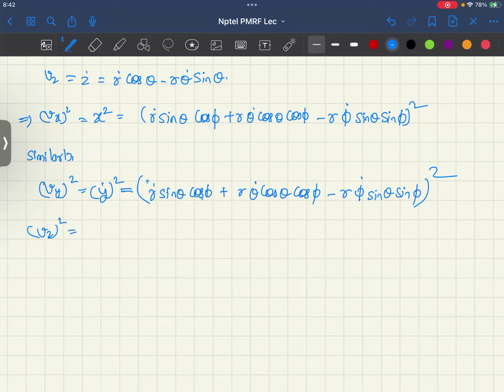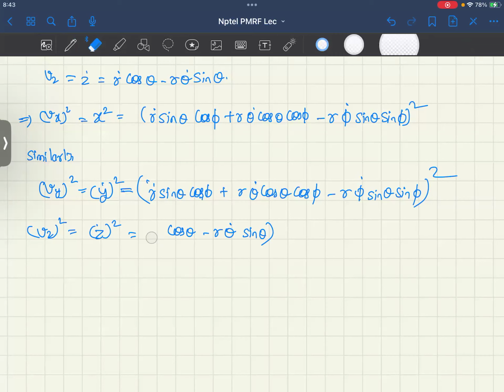Vz square is equal to z dot square, which is equal to (r dot cos theta minus r theta dot sin theta) whole square.